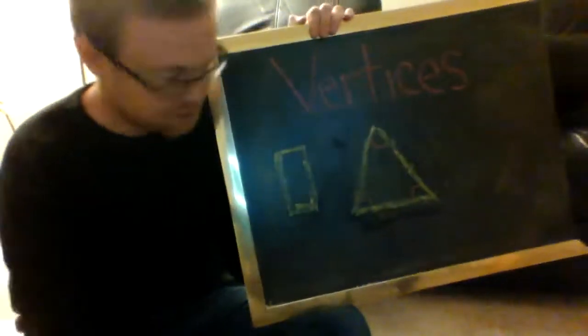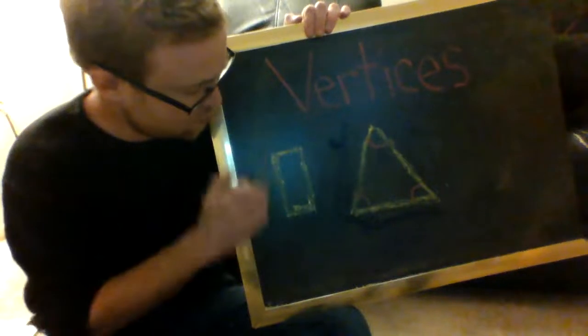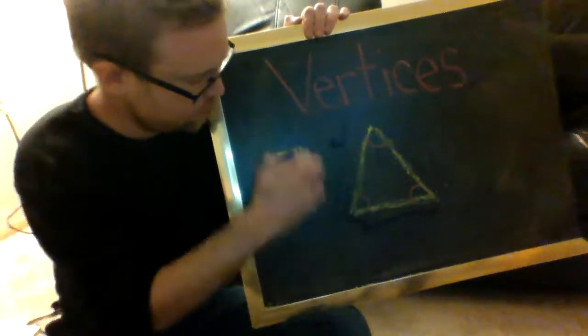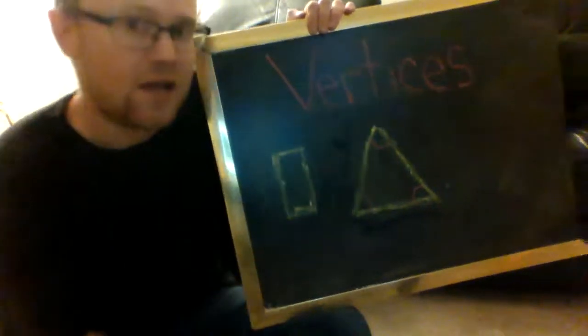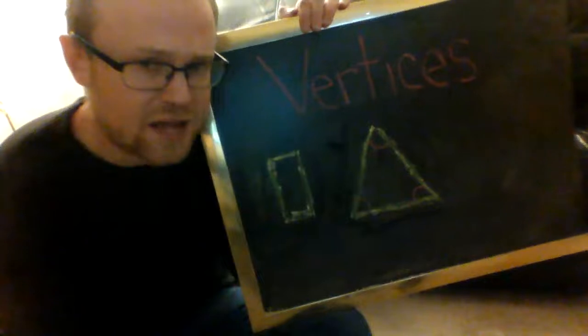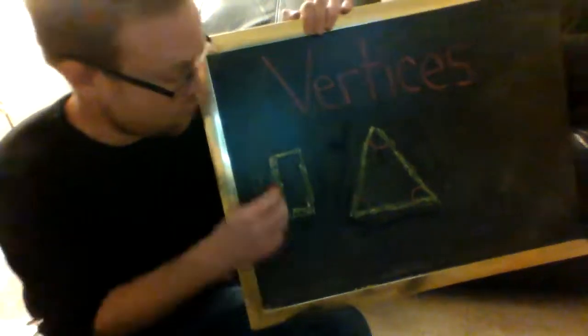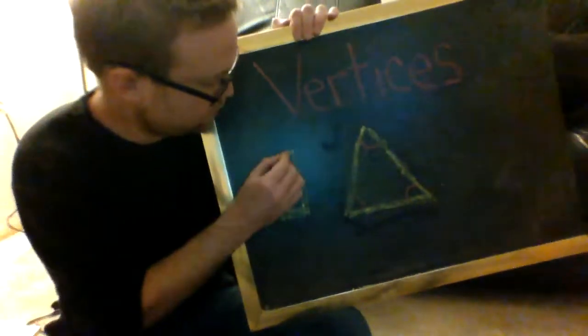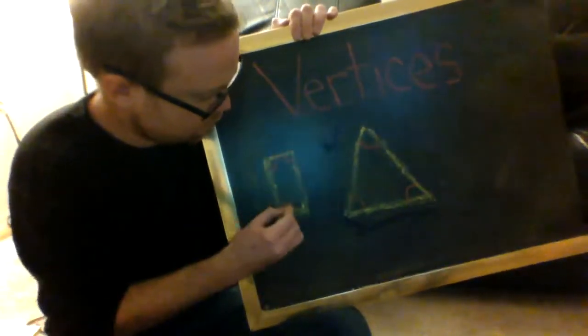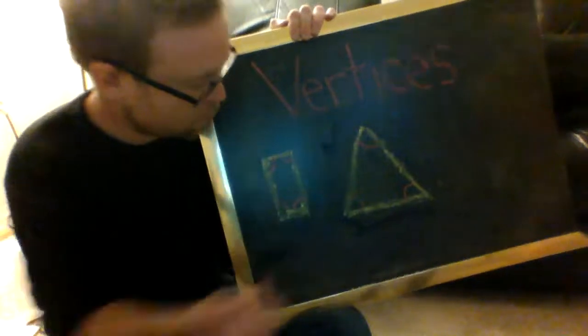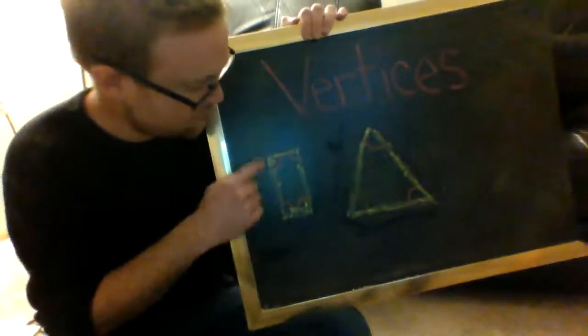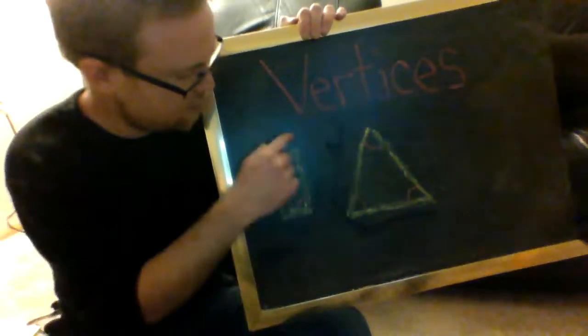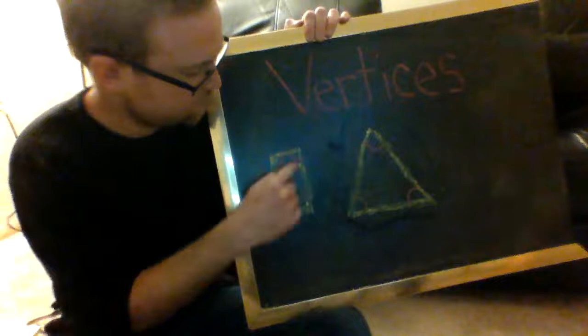Why? Because it has 4 sides. 1, 2, 3, 4. And how many vertices does it have? Let's count the corners. 1, 2, 3, 4. A rectangle has 4 sides and 4 vertices.